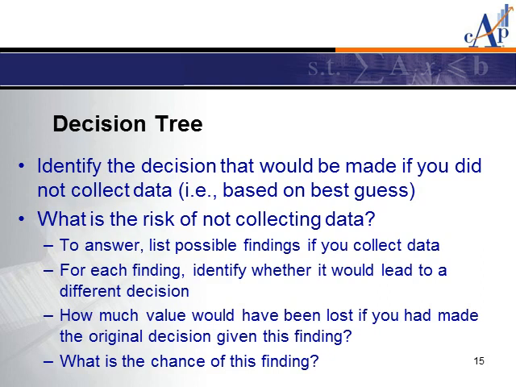So far, what you've done is you've just done a mental experiment. You've thought through the possible outcomes that might happen from collecting the data. And in this case, we said there was worse than expected, better than expected, or as expected. And you've looked at and said, if it's worse than expected, and I didn't collect this data, so I just stuck with my original decision, what would be the cost to me? And if it's better than expected, but I didn't collect this data, what would be the cost to me?